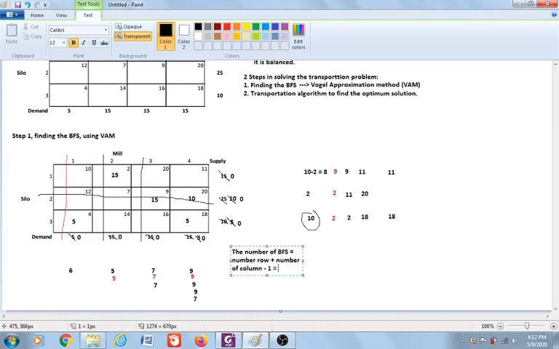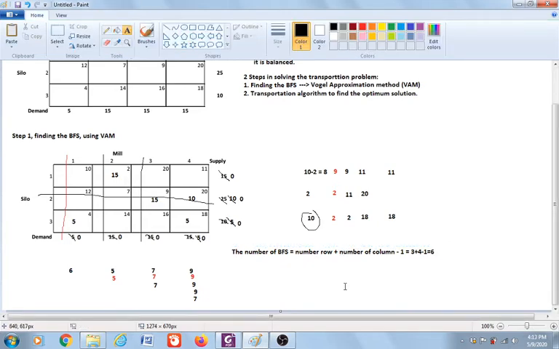Okay, and in this case that will be 3 plus 4 minus 1, that is equal 6. So we need to have 6 variables as our basic feasible solution, and so far we have 1, 2, 3, 4, 5. So we have 5. So we need one more.